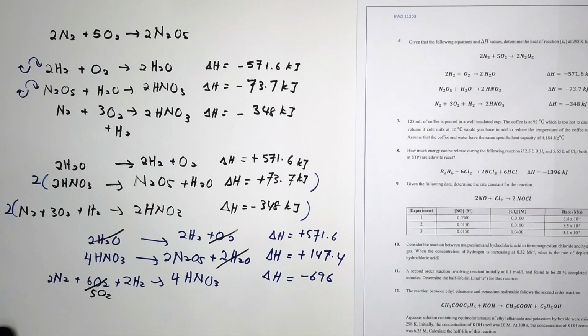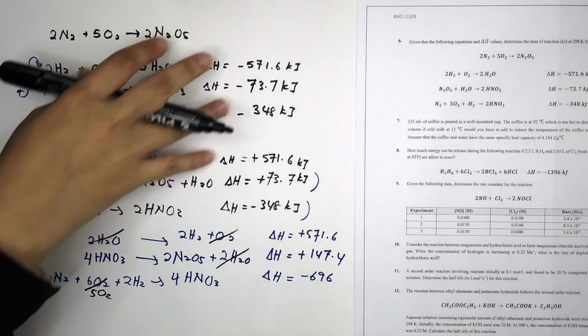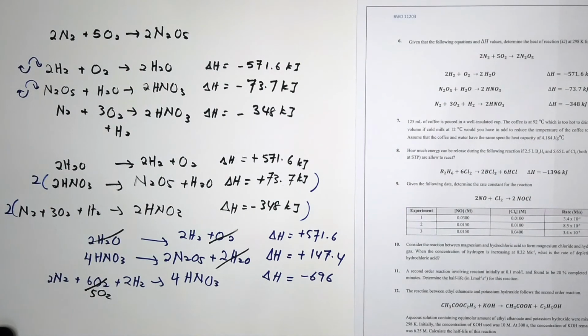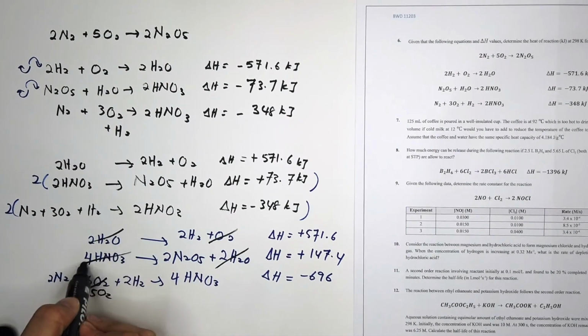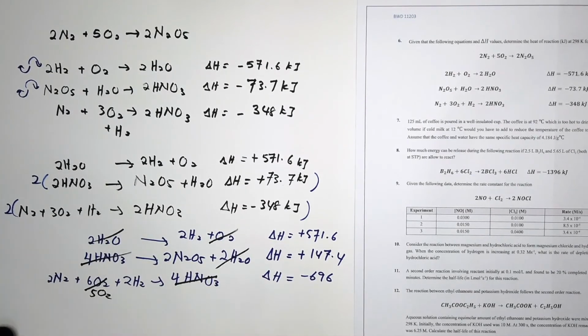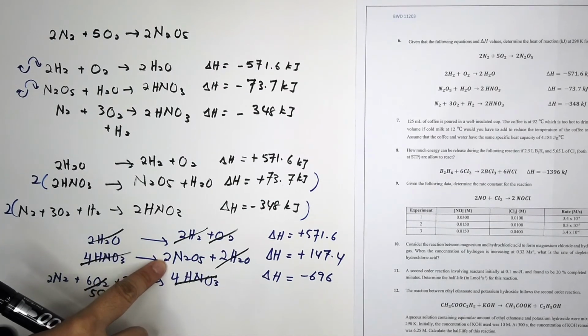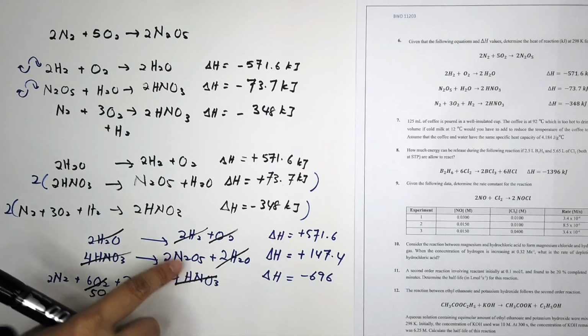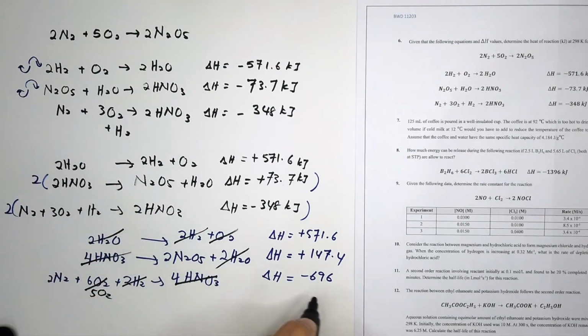What else we don't need is the HNO3, it has nothing to do with the target equation. We have 4HNO3 here and 4HNO3 here as well. And then we don't need the H2. We have 2H2 here and 2H2 here. This can go away. That leaves us with 2N2, 5O2, which will produce 2N2O5, which matches the target equation.